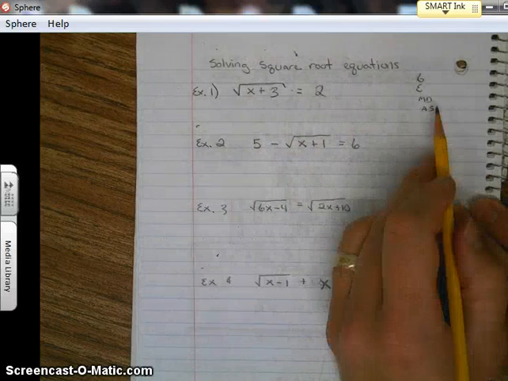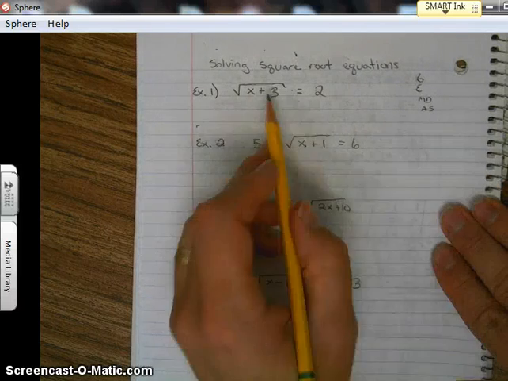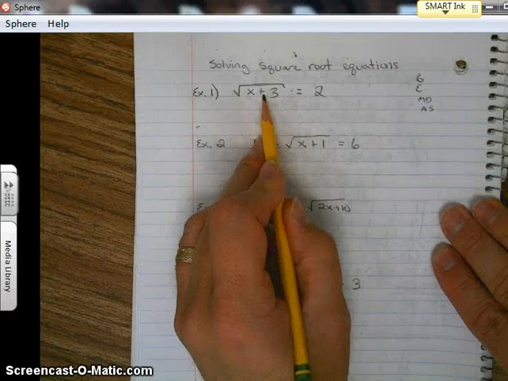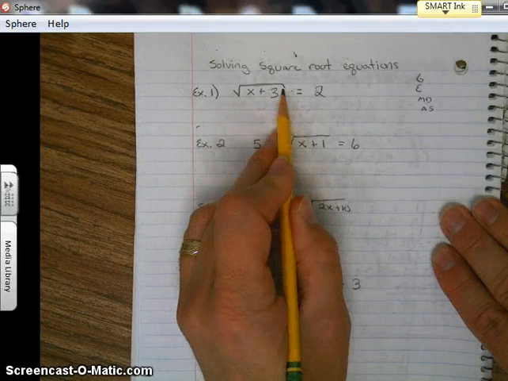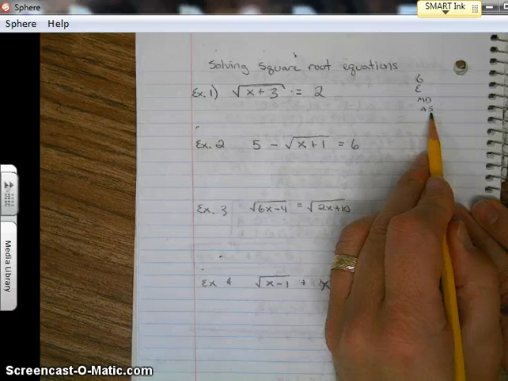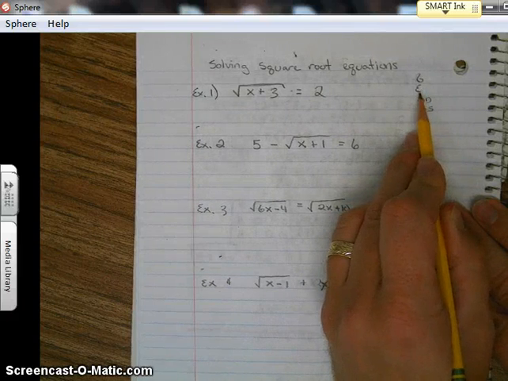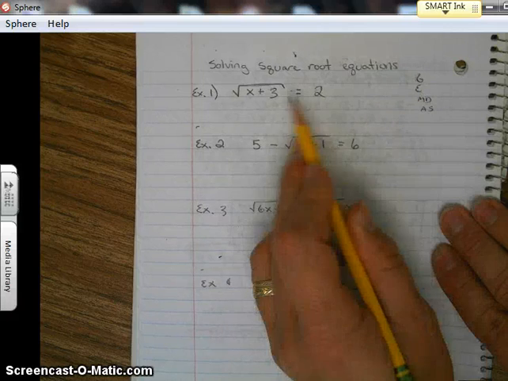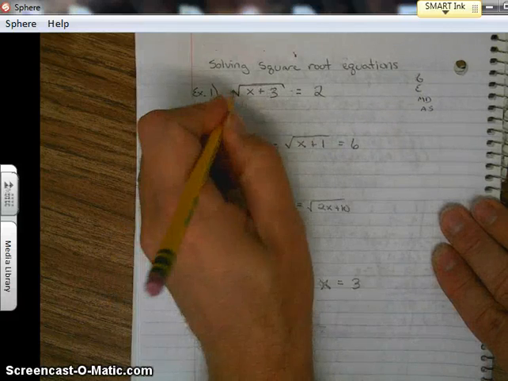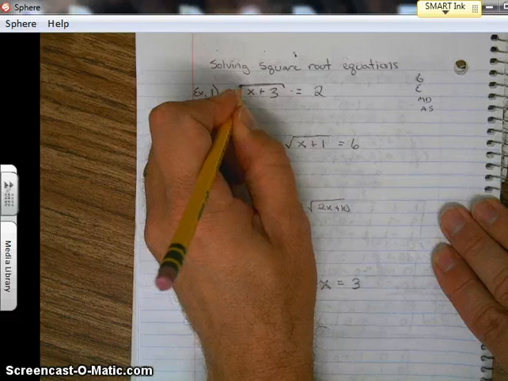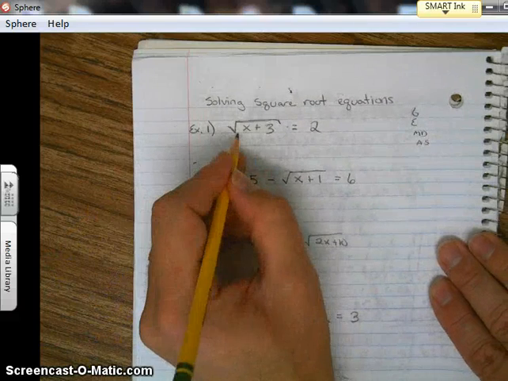So we undo adding and subtracting. There is some, but it's inside the grouping symbol. So we're going to move all the way up here. We're going to undo the exponent. Now, the square root, guys, it is an exponent.